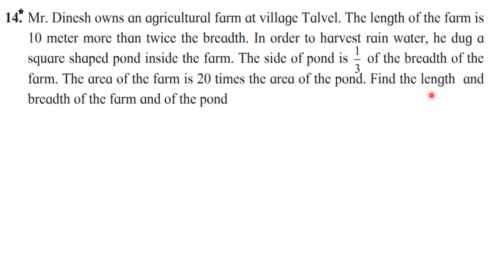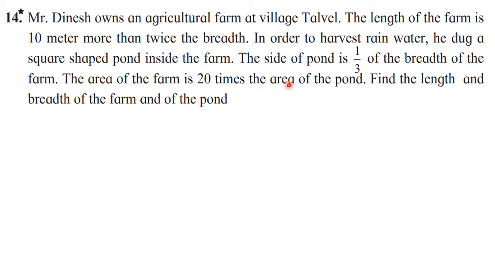And here the condition is given in the form of area. So first of all you need to know the formula of area of rectangle, that is length into breadth, and the area of the square means side square. Okay, the basic formulas which you have studied from quite lower standards.